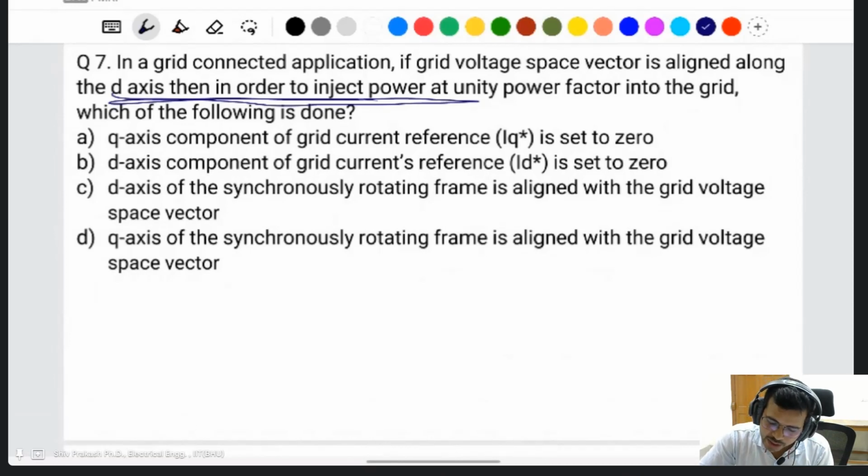But it is given that the voltage space vector is along the D axis. In order to inject power at unity power factor into the grid, which of the following is done? IQ is 0 is a different thing, but the D axis of the synchronously rotating frame is aligned with the grid voltage space vector. It means VD is aligned with the VG.